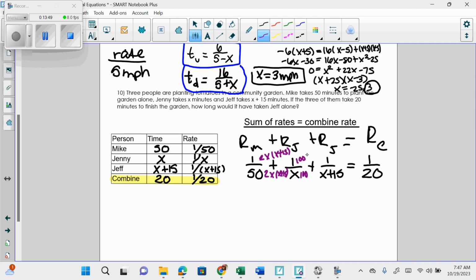Already have the x, so x plus 15. And then this needs to be multiplied by 100. And x already has the x plus 15. And then this needs to be multiplied by 5, x, and x plus 15.